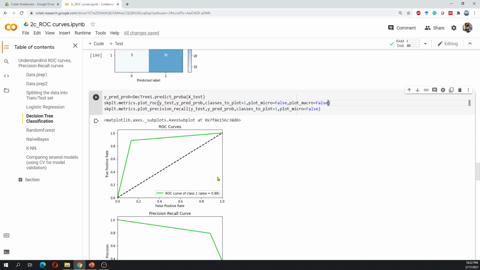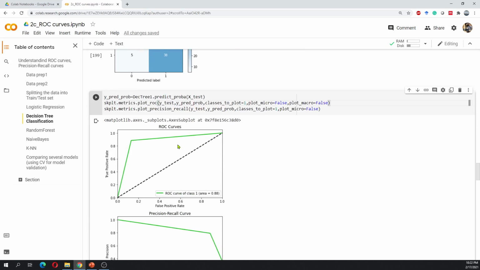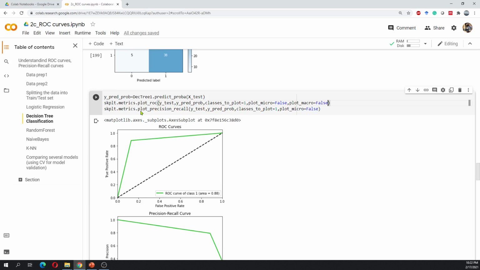Okay, so I'm only looking at the class 1. So here, it's different because it seems like it's choosing only one threshold or maybe multiple. Let's see if we can pull the thresholds for this one. So I'm just going to do it for the ROC one. And so let's see.